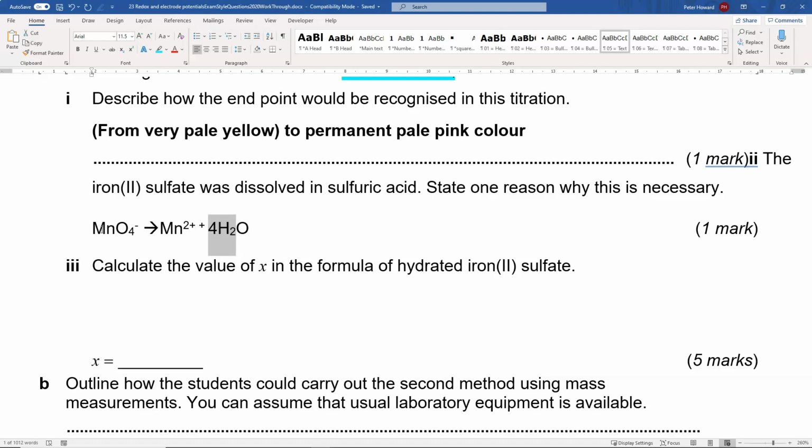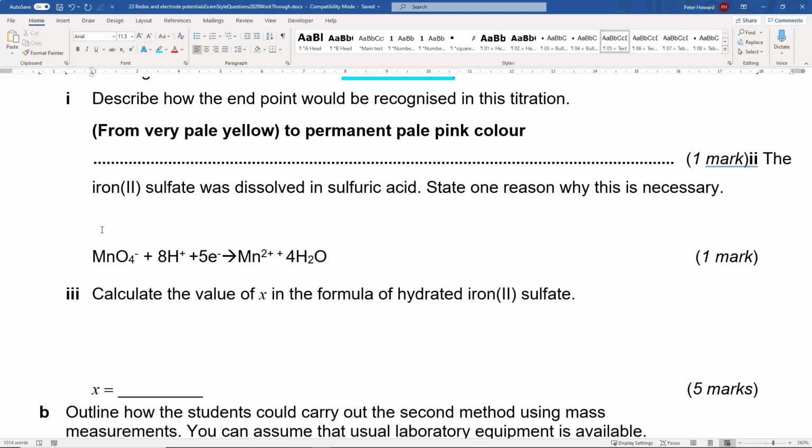As we've got 4 H2Os, that means there will be 8 H+ on the left-hand side to balance it out. And then if we think about the next bit, manganese has gone from an oxidation state of +7 to +2, so it is going to be plus 5 electrons. So this is our equation. You can see why sulfuric acid is necessary: it's necessary to provide the H+ for reduction of manganate ions.